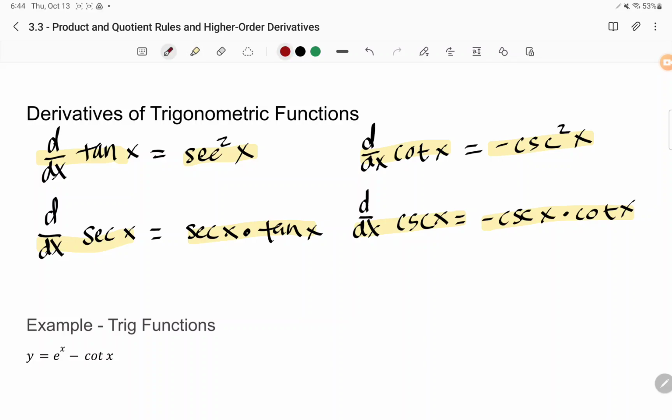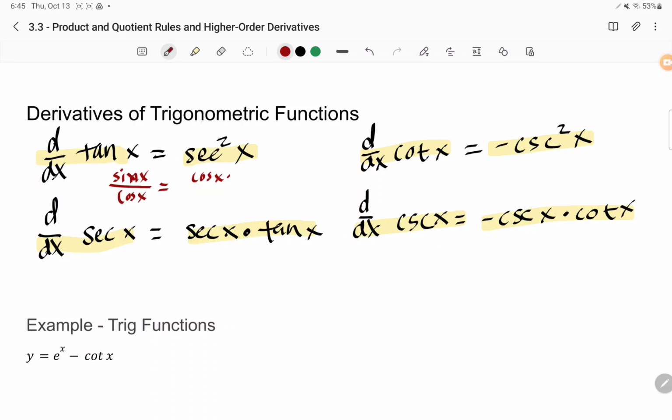Because, for example, tangent is just sine divided by cosine. So this is just sine of x over cosine of x. And so if you're finding the derivative of that, it'd be low d high minus high d low all over low low. So low d high, right? The derivative, so cosine x times the derivative of sine is cosine of x.